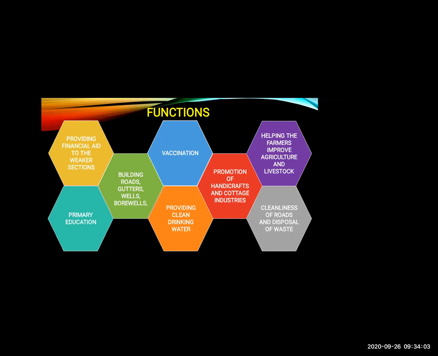Agriculture is the main occupation of Indians in villages. So what does this Panchayat Samiti do? Panchayat Samiti provides all the equipment, all the seeds, all the material which is required for growing crops in a proper manner. All these things are provided by the Panchayat Samiti to the farmers.